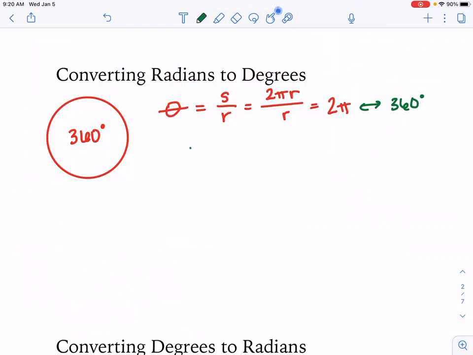So 360 degrees divided by 2 pi is the same thing as 1. Those equal the same. Can I reduce that?